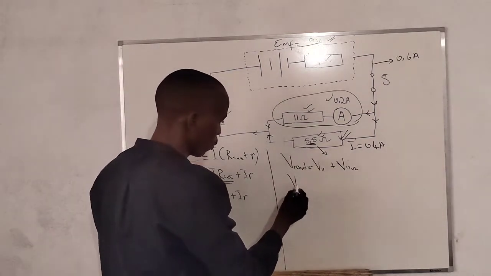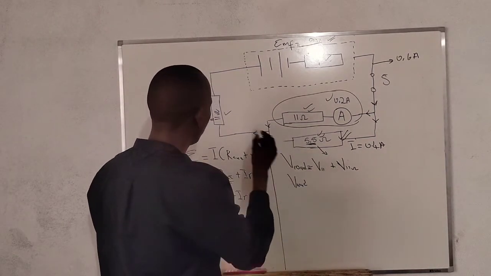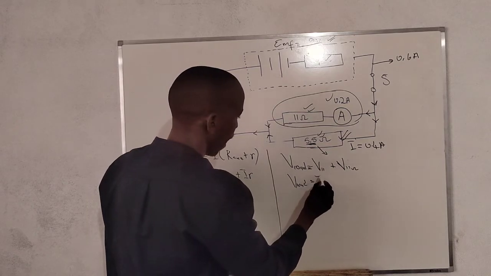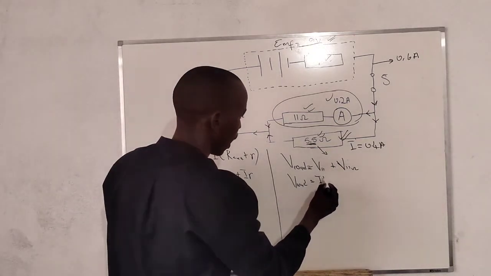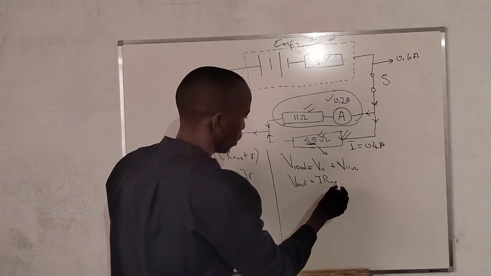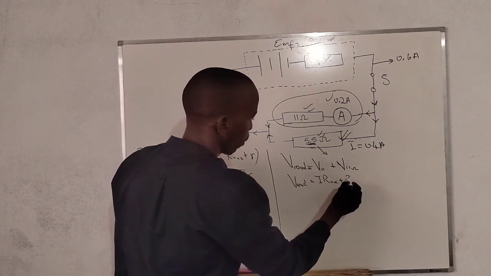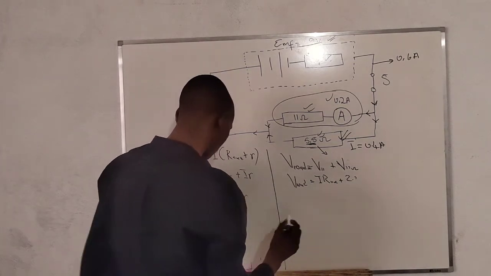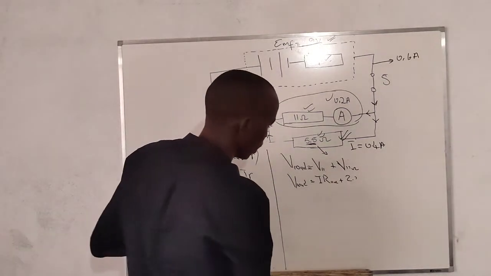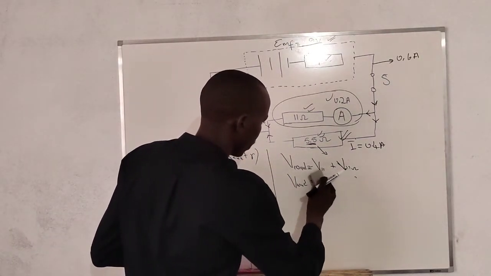Then V load will be given by the voltage of this resistor, which is I total, the total current, times R, the 11 ohm resistor. And then we have got V parallel.